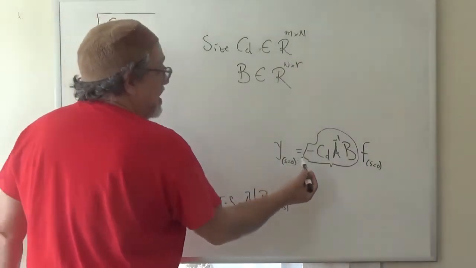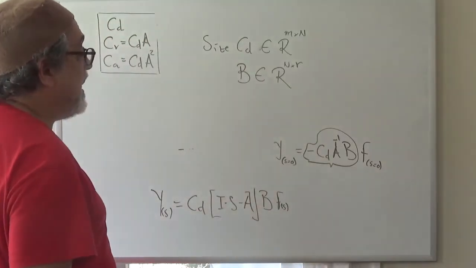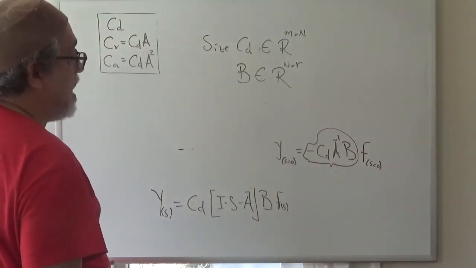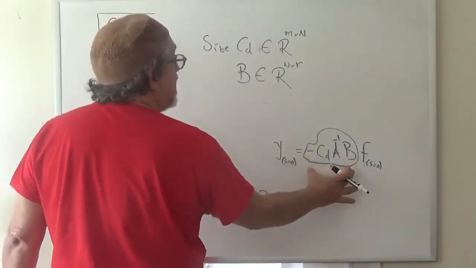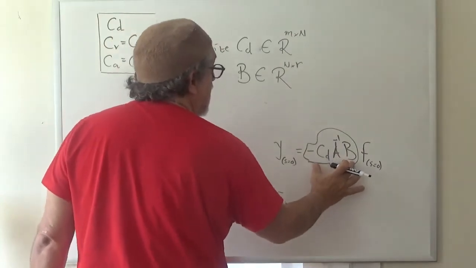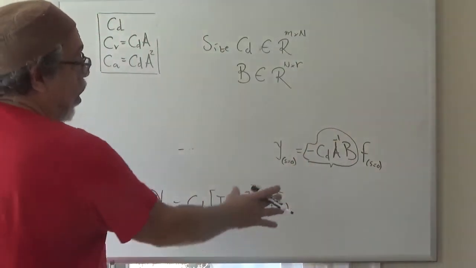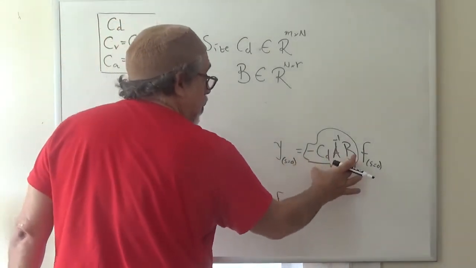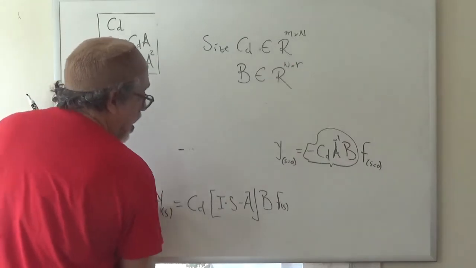So the matrix that we are going to be able to get when we do CD A to the minus 1 B is actually the rows of the flexibility matrix where the measurements are and the columns of the flexibility matrix where the loads are. And that's all we can get from this formula at this point. Okay?